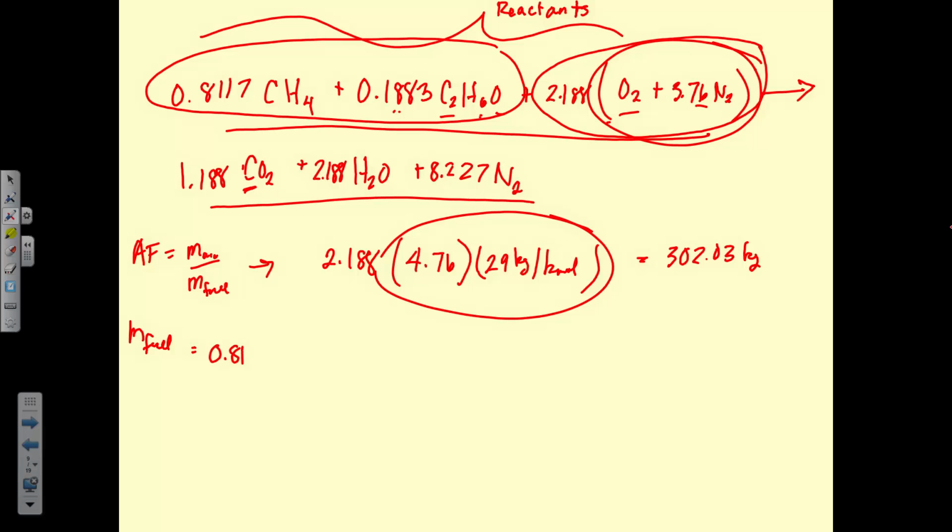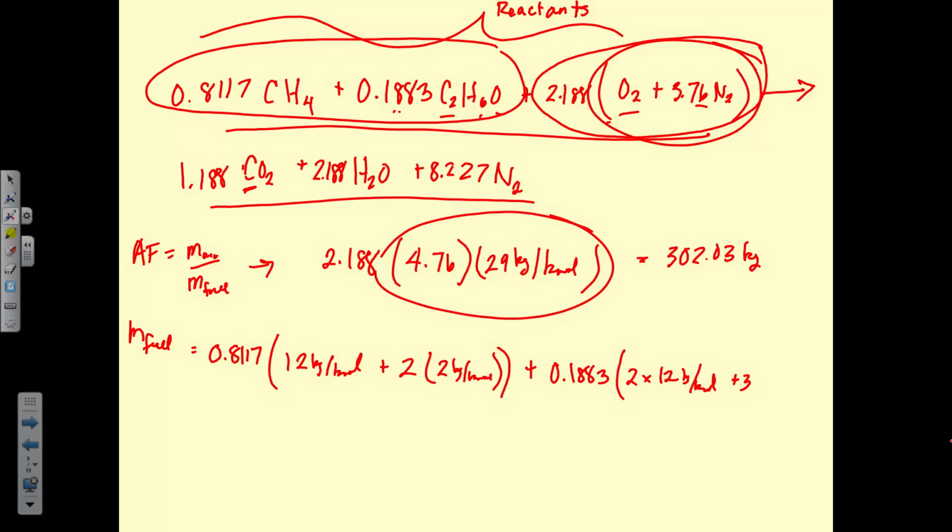So we have 0.8117 multiplied by this carbon, which is 12 kilograms per kilomole, plus 2 times the molar mass of H2, which is 2 kilograms per kilomole, plus 0.1883 times 2 times the molar mass of carbon, which is 12 kilograms per kilomole, plus 3 times the molar mass of hydrogen, which is 2 kilograms per kilomole, plus 32 kilograms per kilomole for oxygen over 2, or in other words, 16 per single monatomic oxygen.